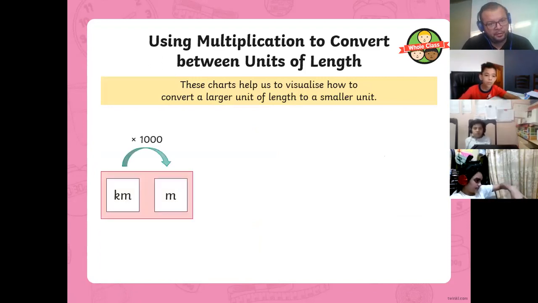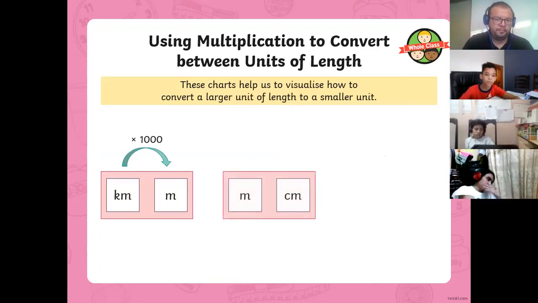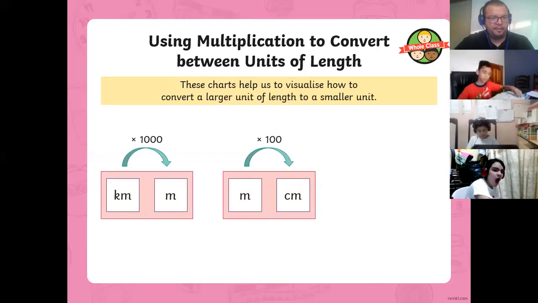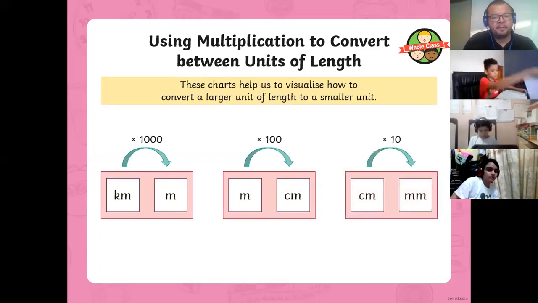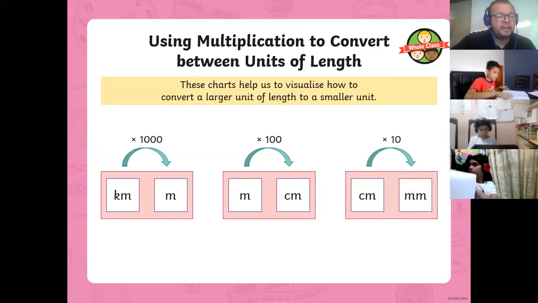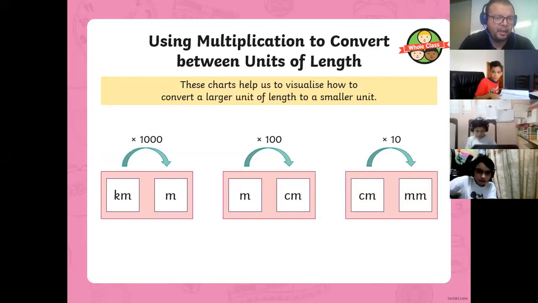Kilometer to meter, you have to multiply by 1,000. Meter to centimeter, I hope you copy, you're going to multiply by 100. Centimeter to millimeter, you're going to multiply by 10. If you don't finish the copy, don't worry. The videos will be uploaded to YouTube because we don't have much time and I have to continue.